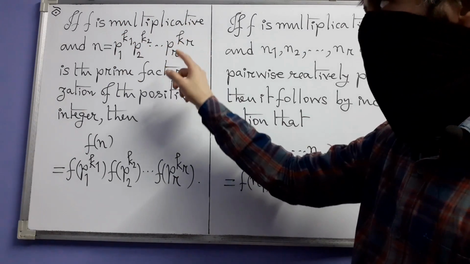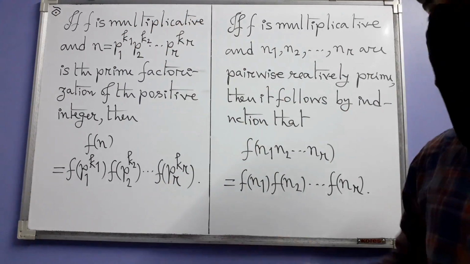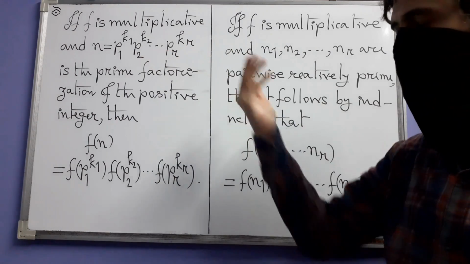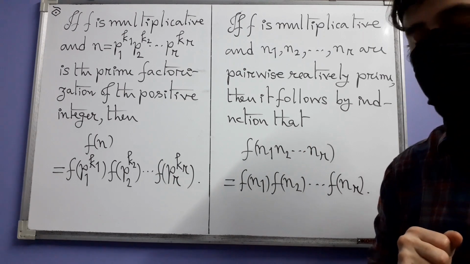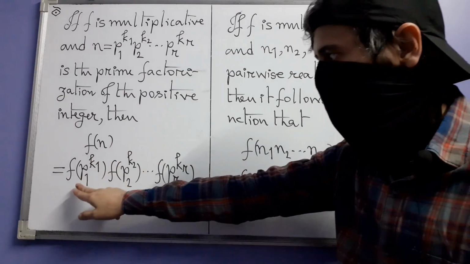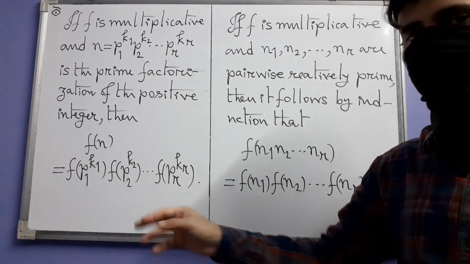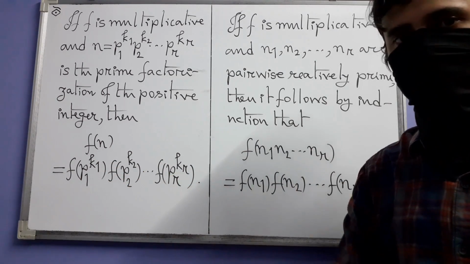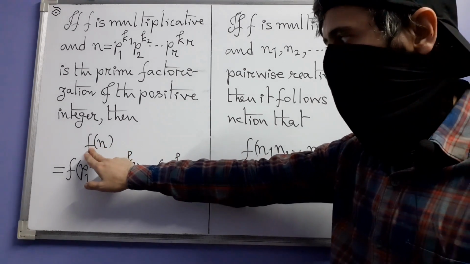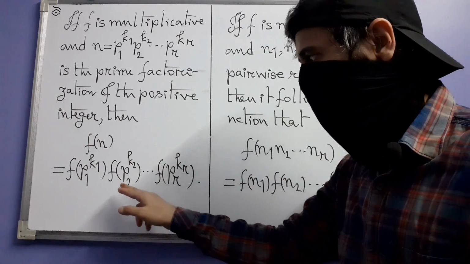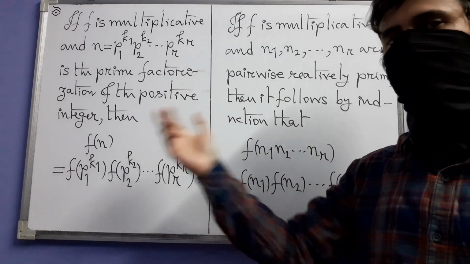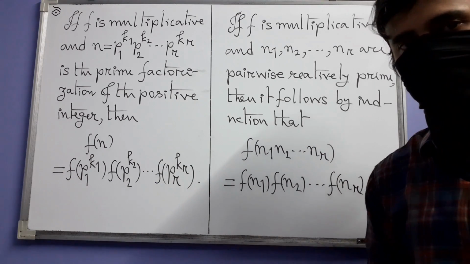Then in this product, these individual prime powers are pairwise relatively prime because they consist of distinct primes, and that is why, by this observation, f of n equals the product of the f values of these individual prime powers. So this way we see that if we know the values of a multiplicative function at only prime powers, that's enough for us to calculate the multiplicative function at any positive integer.